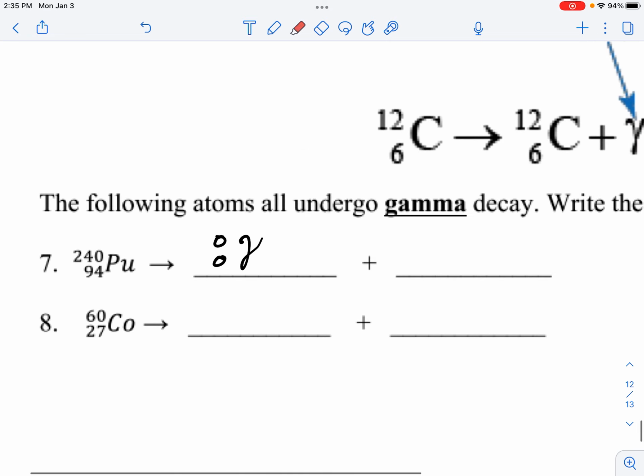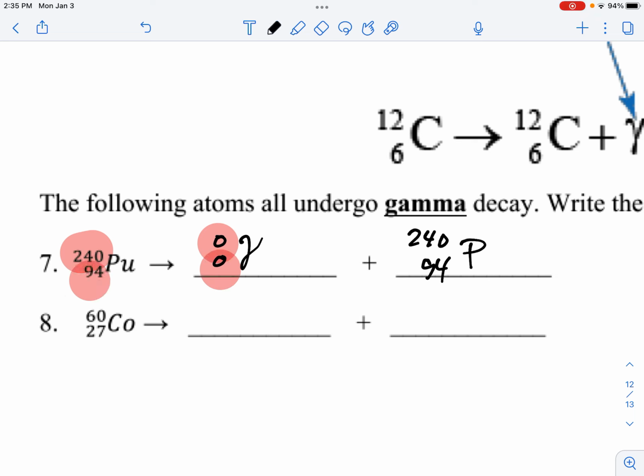So look, I'm not going to insult you with a whole lot of math here. If it's 240 and it's 0, it's 240. And then if it's 94 and it's 0 and then it's 94, it literally doesn't change. It's just the same thing. It's just energy that's coming off of here. So gamma is the easy one. So gamma is 0, 0, gamma, and this would be 60 and 27 and then Co that's there.